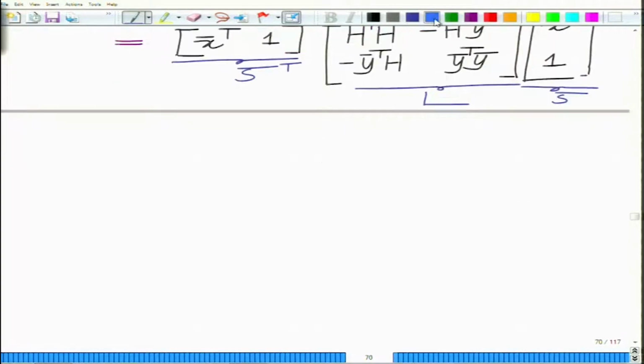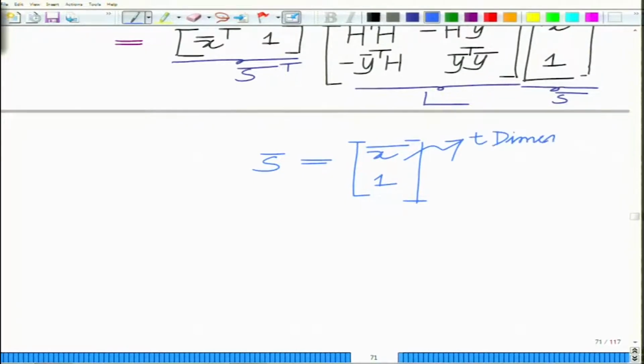And therefore I have this vector S bar which I am defining as x bar 1, where x bar is t dimensional and this is a single element, so this vector will be t plus 1 dimensional.